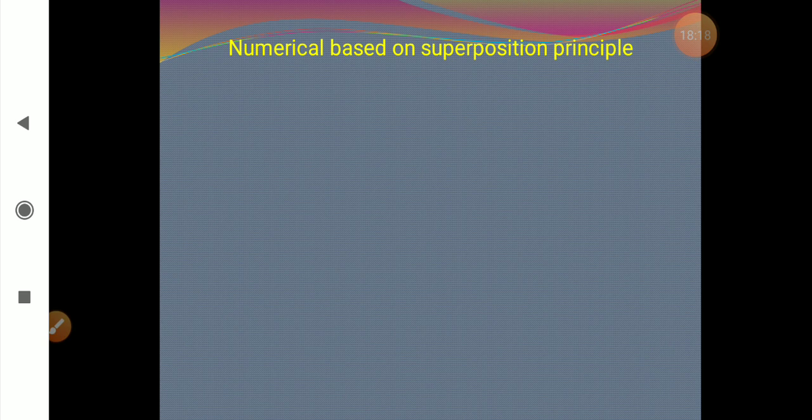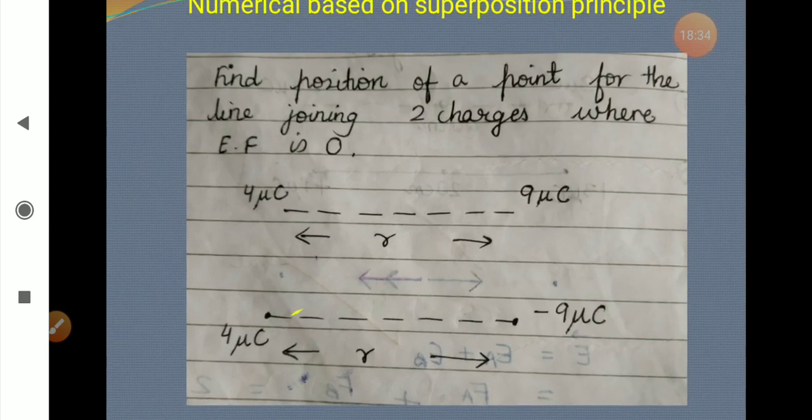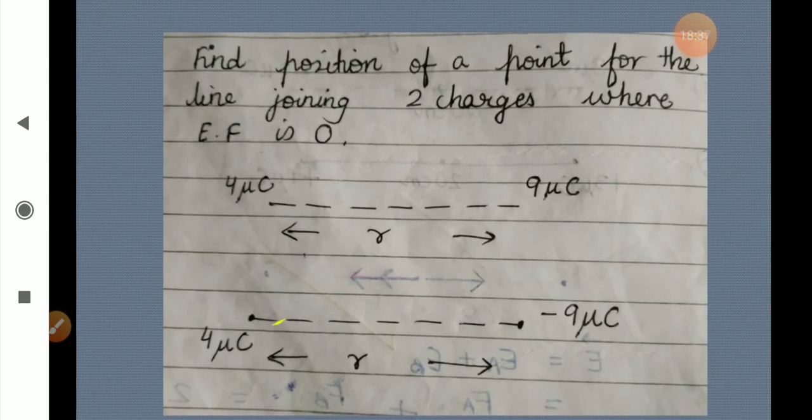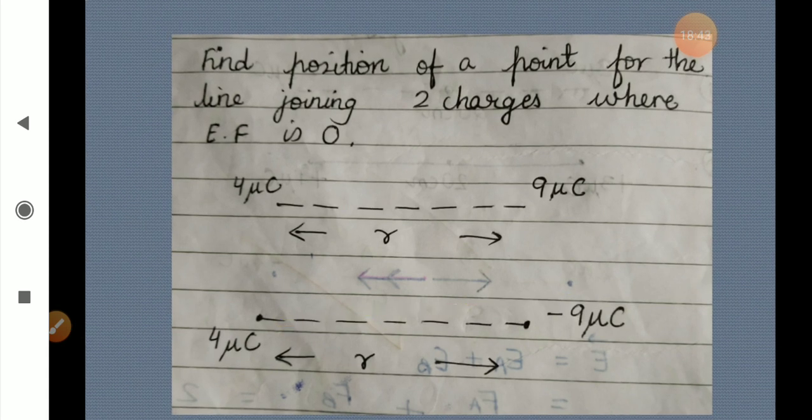Now another problem based on superposition principle only, but in this case we will talk about electric field, not the electric forces. And both these problems are of board examination only. So let us look at this problem first. Find the position of a point on the line joining two charges where electric field is 0. See, electric field is 0.